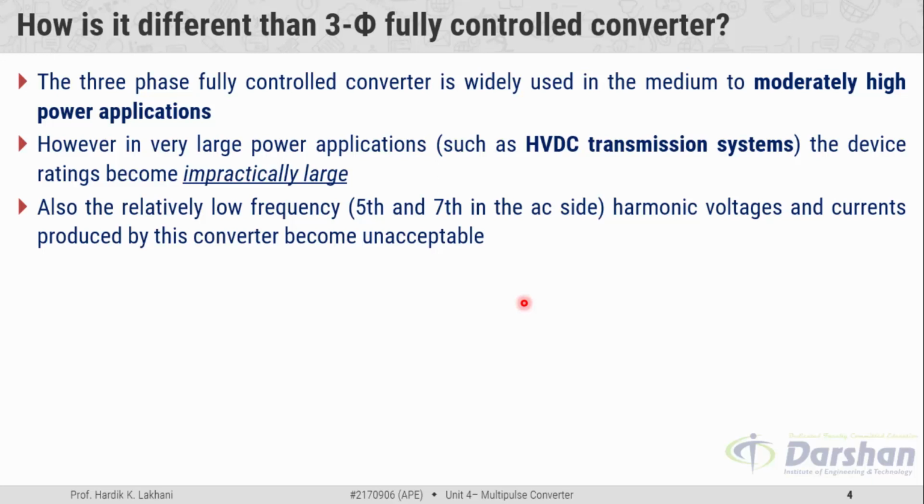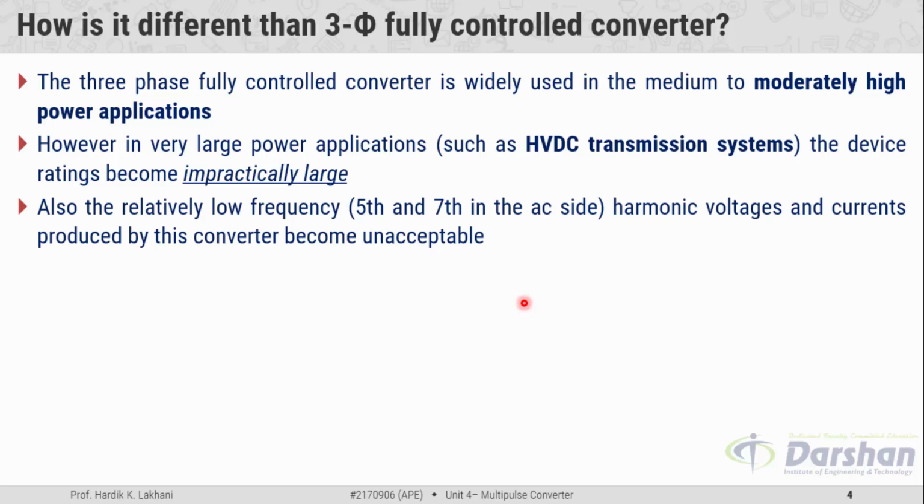If we do the total harmonic distortion analysis of the supply side parameters like voltage and the currents, then we may encounter 5th and 7th order harmonics. These 5th and 7th order harmonics we can eliminate using a filter. So in the 3-phase fully controlled converter, to tackle this harmonic problem, we have to compulsorily use filters.